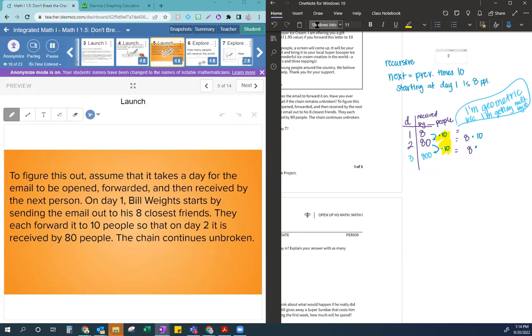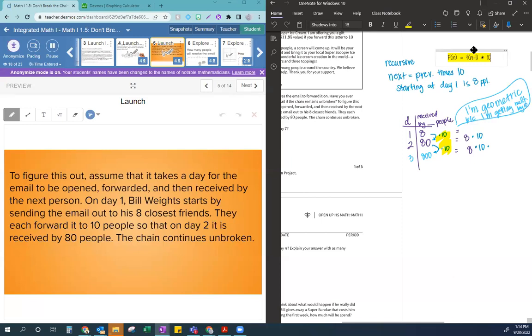I'm going to make it bigger. F of n is equal to f of n minus 1, right, times 10. Good. Let me put that bigger. And then let me highlight that.